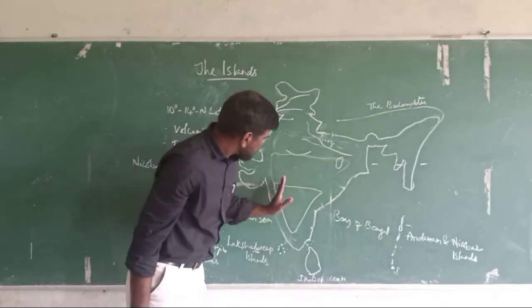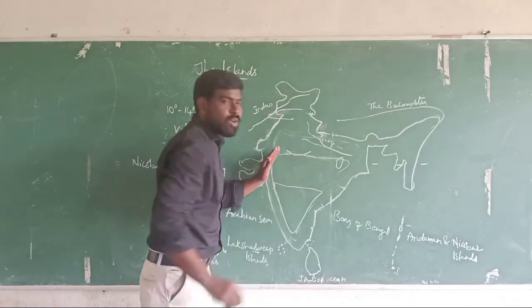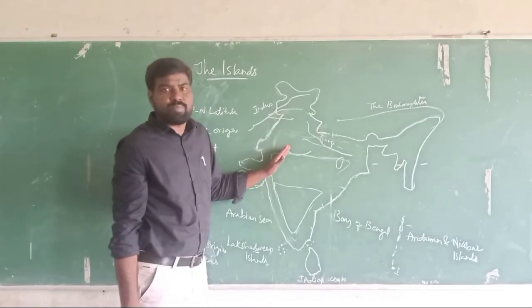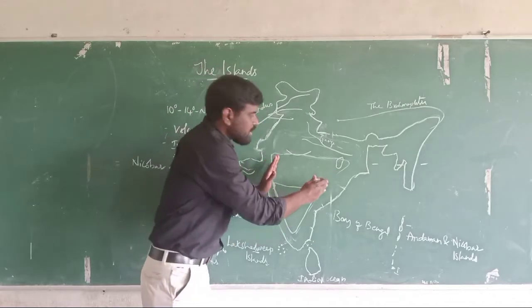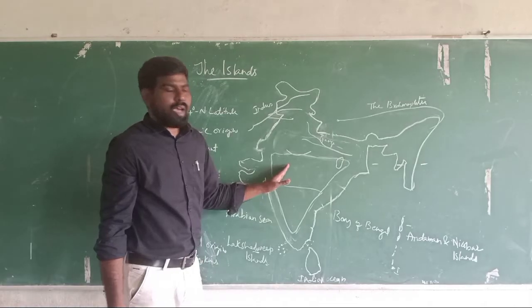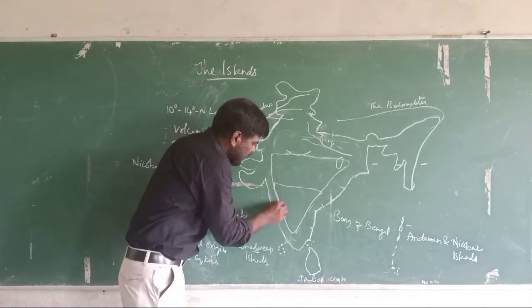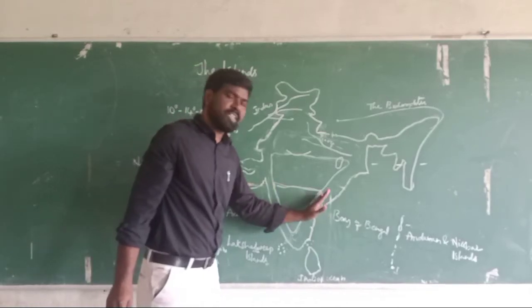The Peninsular Plateau has an irregular triangular shape. Its topography tilts slightly towards the east, and the Deccan Plateau is guarded on the west by the Western Ghats and on the east by the Eastern Ghats.